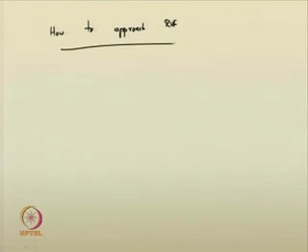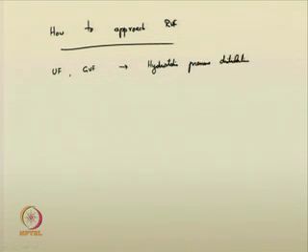How do you approach rapidly varied flow, or analyze it in general? We suggested that for both uniform flow and gradually varied flow, you were taking hydrostatic pressure distribution. That cannot be taken here for rapidly varied flow.